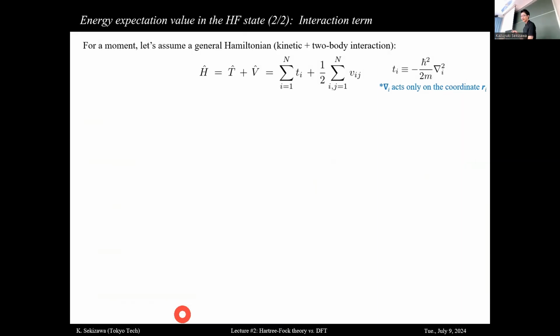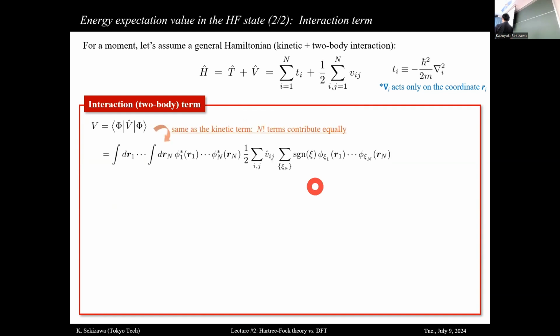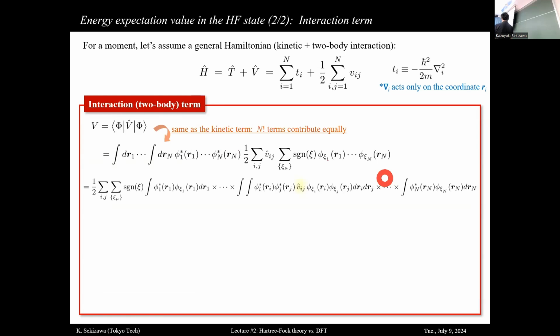In the same way, you can continue to evaluate the interaction term, this two-body part, and the main idea is the same. I just insert the definition as I explained in the previous slide.